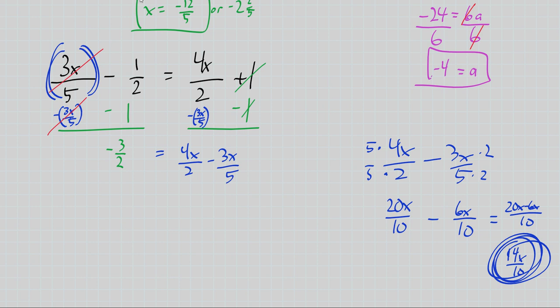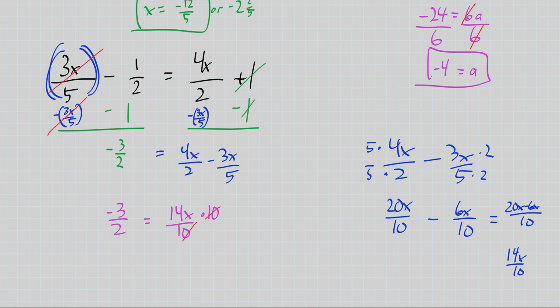Change colors here so I know that I'm changing modes. Negative 3 over 2 is equal to 14x over 10. Okay. My x is not alone. It's being divided by 10, multiplied by 14. I know how to fix that. Multiply by 10. Right? Cancel, cancel.